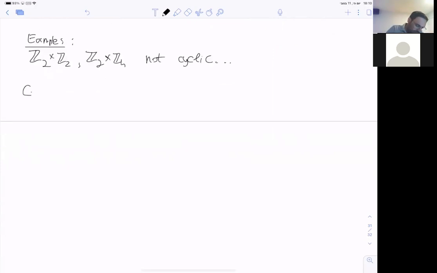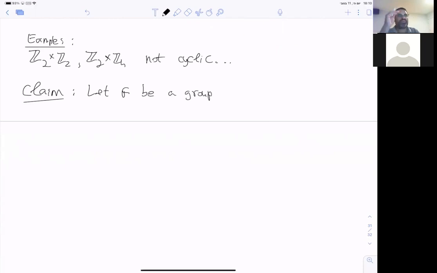Another claim is the following. Let G be a group, some abstract group, and a in G with order n, which is very general.